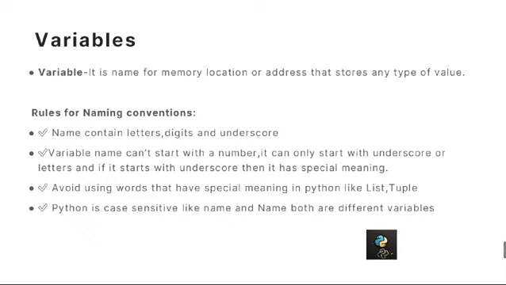First rule is that the name can contain letters, digits or the underscore, but the name can start only with the underscore or a letter. It should not start with a number. And we have to avoid using special words which have a special meaning in Python, for example list or tuple. And Python is case sensitive. You saw how the two variables differ.